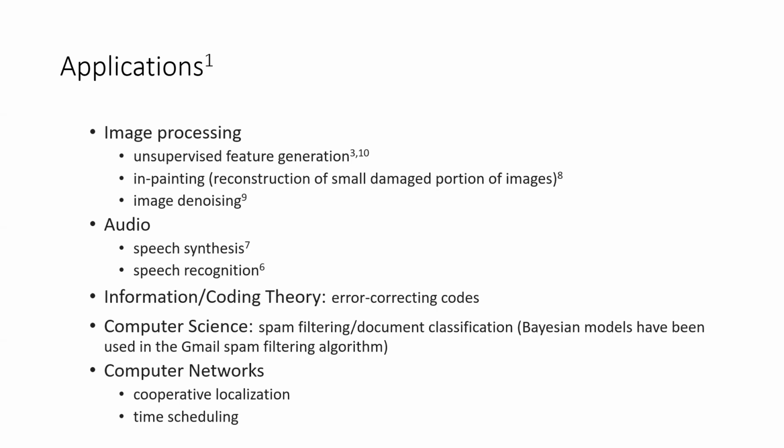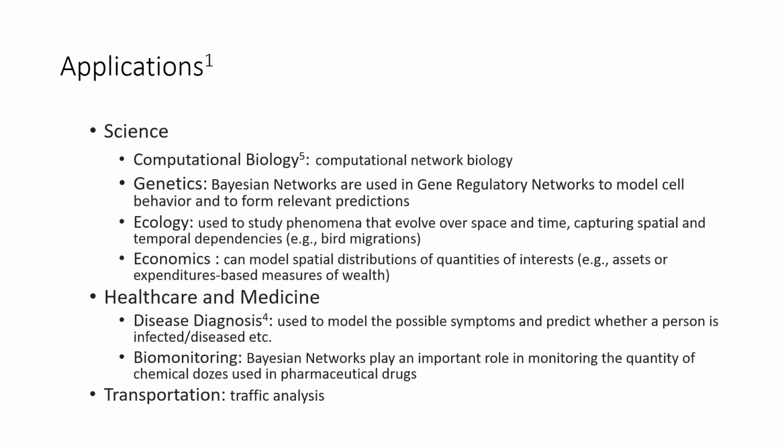Graph neural networks, probabilistic graphical models, which we are going to see, have been used in the Gmail spam filtering algorithm. And some variations of this are still used in computer networks, mainly to do time scheduling. In science, anywhere there is structured information, structured representations of different values of variables, for example in computational biology or genetics.